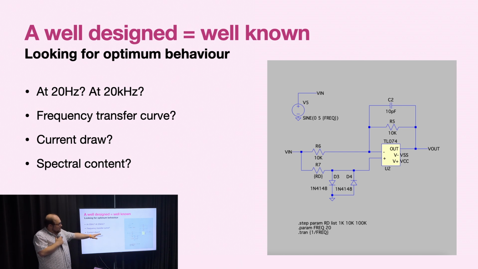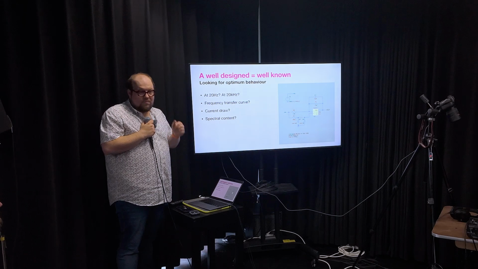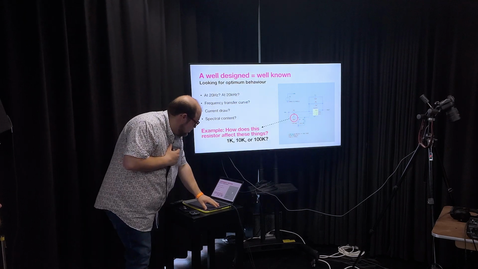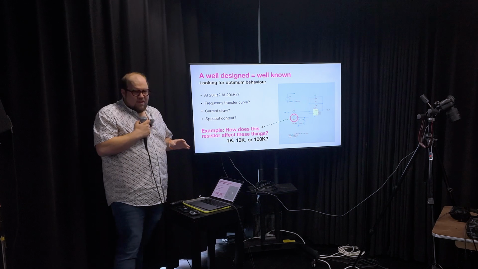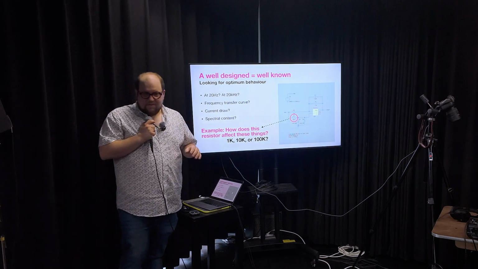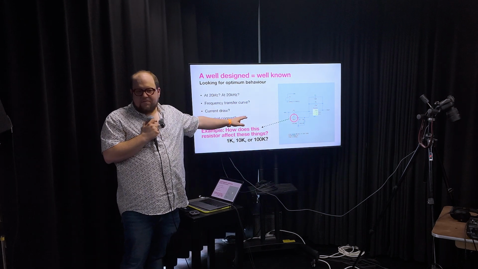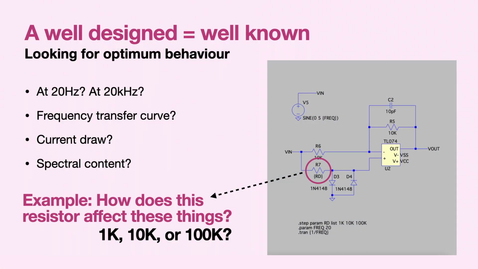And in this case, I'm also going to look at what's the spectral content of such a wavefolded waveform. So in this example, we're going to explore together how the value of that resistor affects things. So we're going to look at the behavior of the wavefolder for 3 different values, 1K, 10K, and 100K.